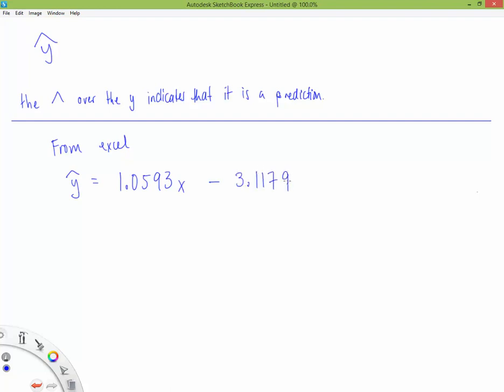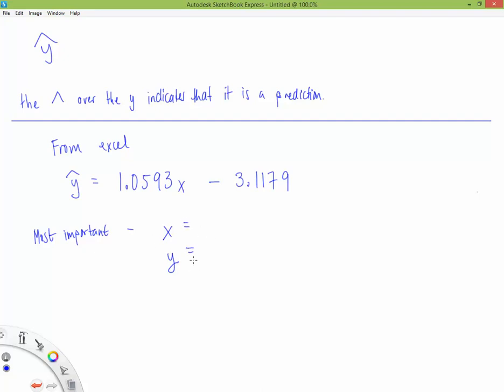Okay, so here's a very important step. Perhaps the most important step is which variable is x and which variable is y. So what does x represent and what does y represent? Now I have two variables.